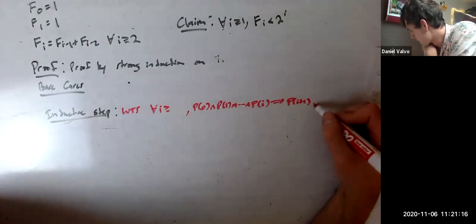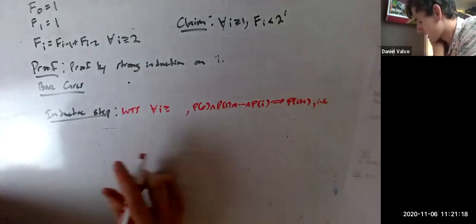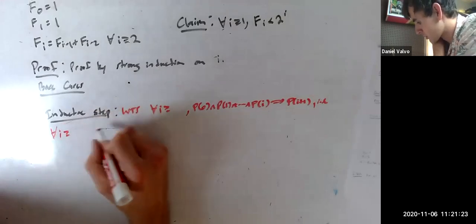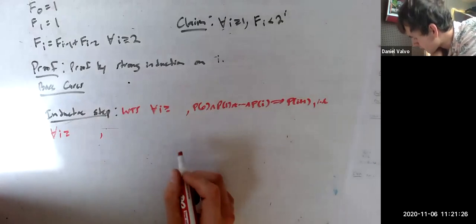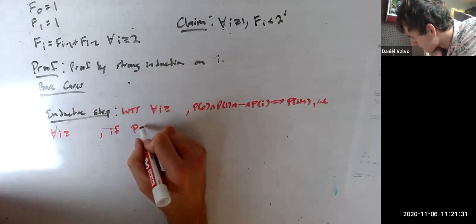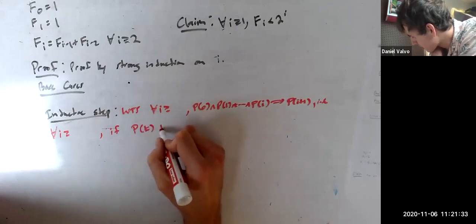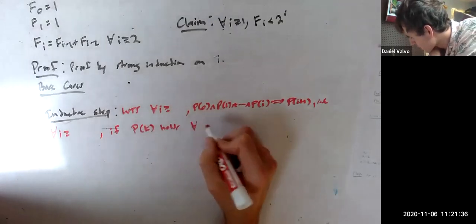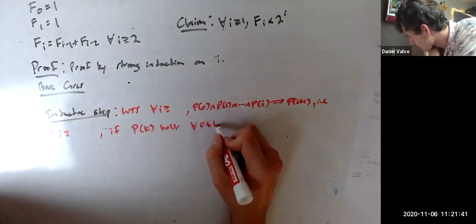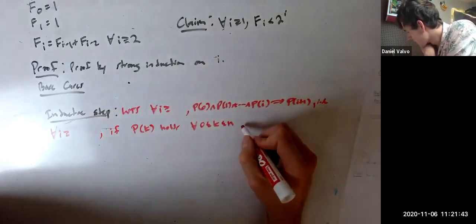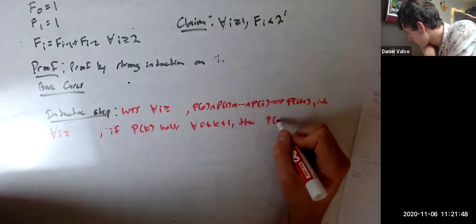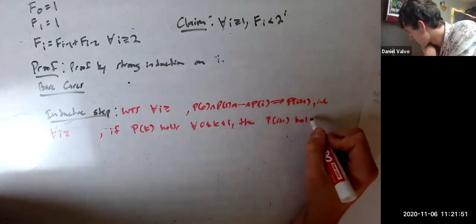The way to write it in this case is: for all i greater than or equal to whatever that number is going to be, if P(k) holds for all 0 less than or equal to k less than or equal to i, then P(i+1) holds.